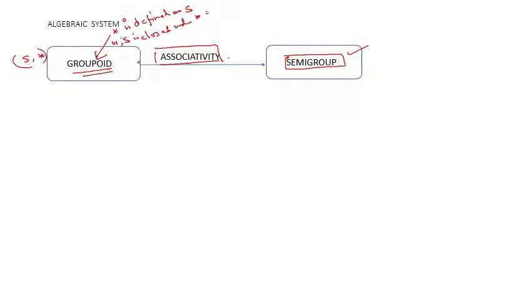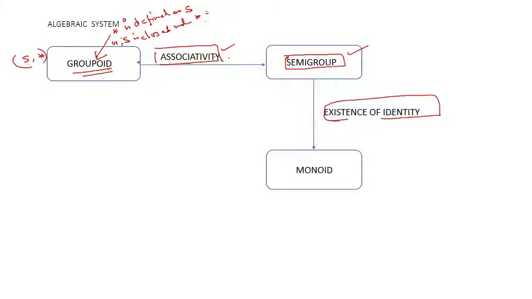That means semigroup এর মধ্যে actually আমাদের property আছে দুটো, একটা হচ্ছে closure property, that means S is closed under binary composition star, আর দু নম্বর হচ্ছে associativity property, that means the binary composition star is associative. Now to this semigroup we are adding another property, which is the existence of identity. We are adding existence of identity to arrive at this new algebraic structure, algebraic system called monoid.